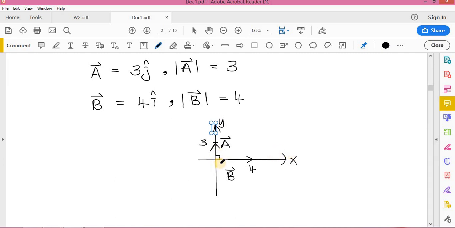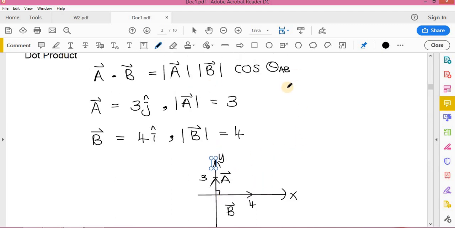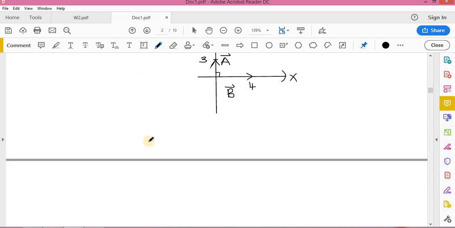So 90 degrees. In this case, to get the dot product of A and B, it will be 3 multiplied by 4, and then multiplied by cos 90 degrees.